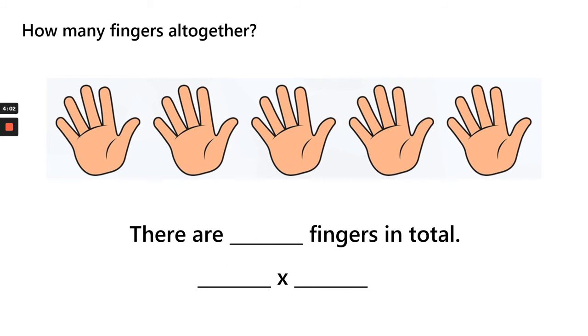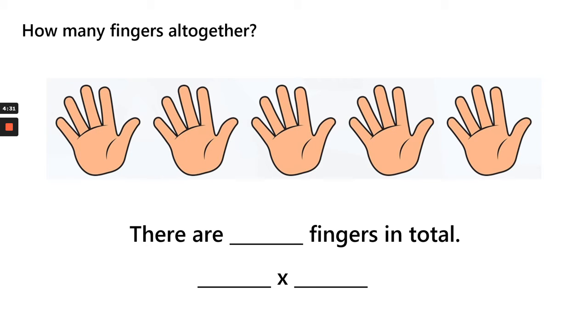Let's try another. Now we know that our hands have 5 fingers on each hand. So we need to count how many fingers there are in total. We know we are going to count in 5s because there are 5 fingers on each hand. But how many equal groups have we got? 1, 2, 3, 4, 5. We have 5 hands with 5 fingers on each hand.